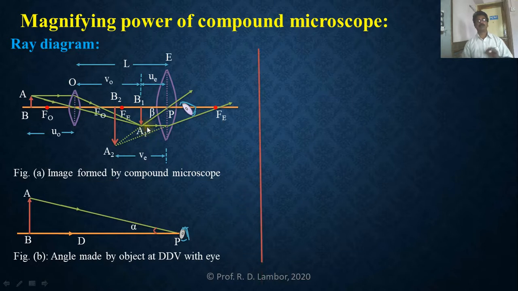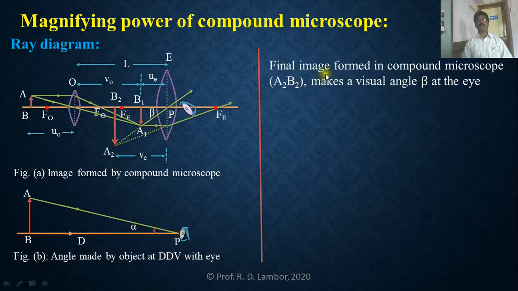Now, to find the expression for magnifying power, we need two visual angles, beta and alpha. Out of that, beta, shown here in this ray diagram, is the visual angle subtended by the image at the eye, and alpha is the visual angle subtended by the object at DDV with the eye.